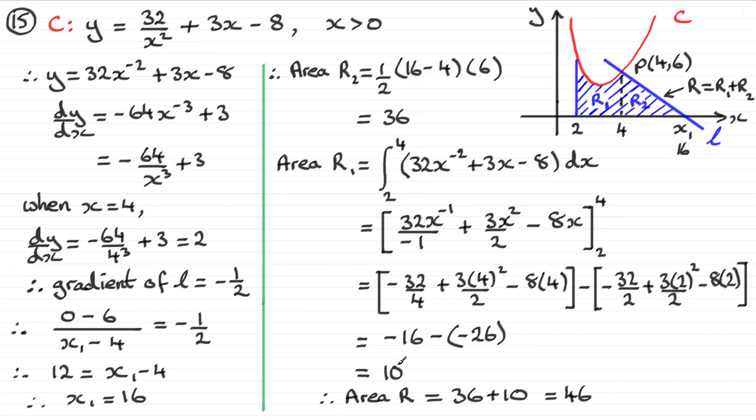Turns out as minus 16 for this square bracket minus this result, which is minus 26. I leave you to check that. Comes to 10 units. So that means that if we add those two areas together, then the area of R turns out to be 46. 46, let's just put units squared, okay, because it is an area, okay, units squared.